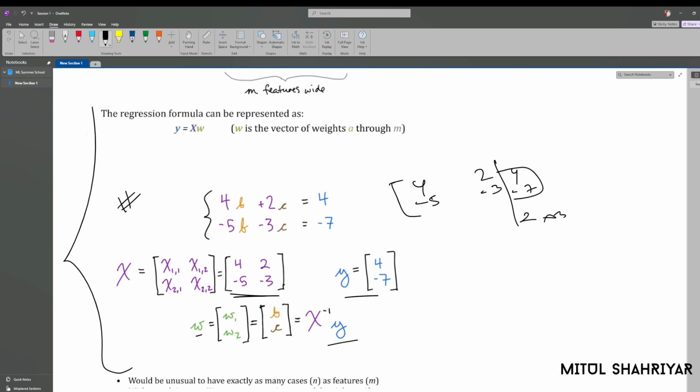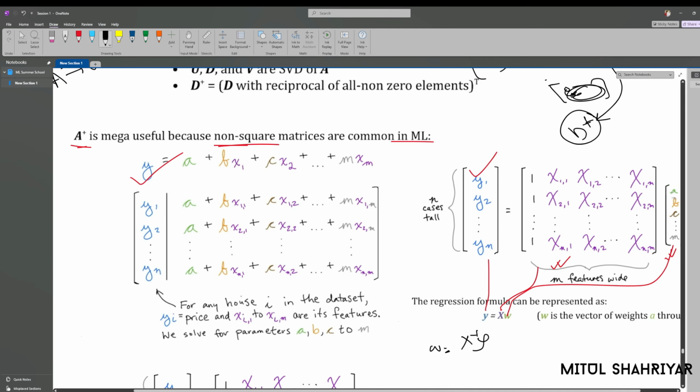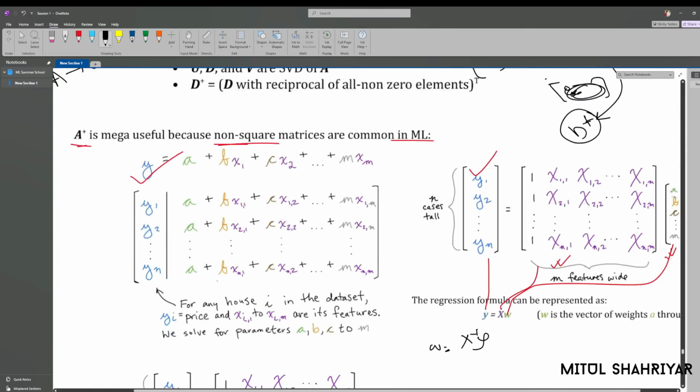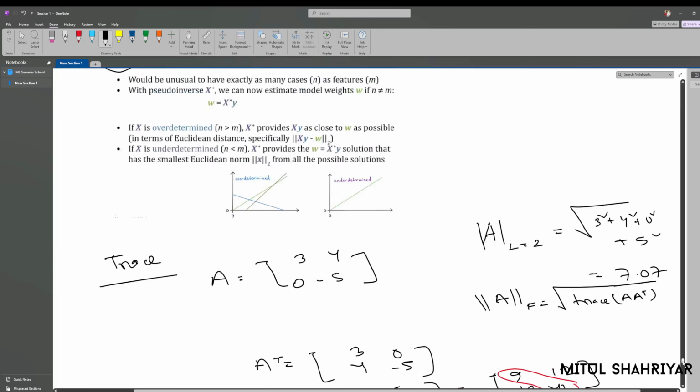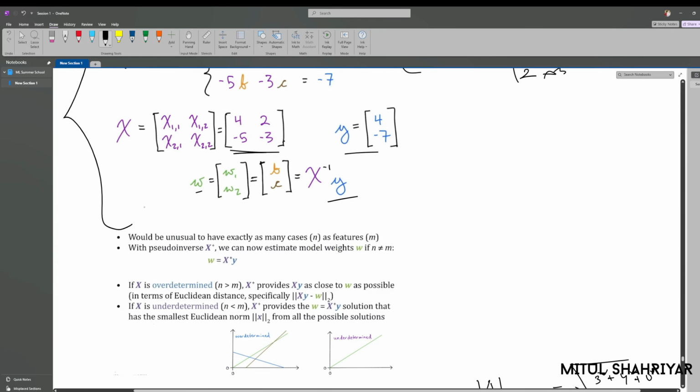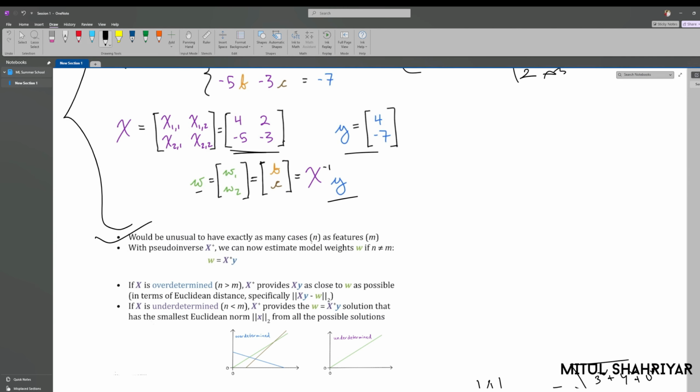But in real life, we have billions of values. In those scenarios, we basically use a pseudo inverse. So how can we solve the problems using that? It would be unusual to have exactly as many cases n as features.